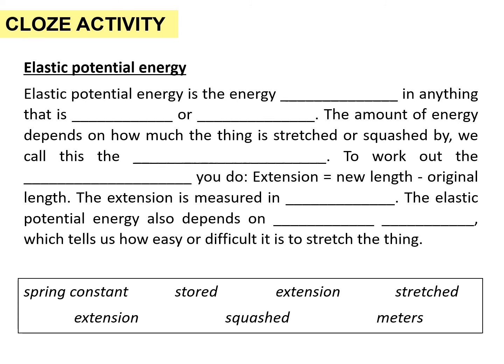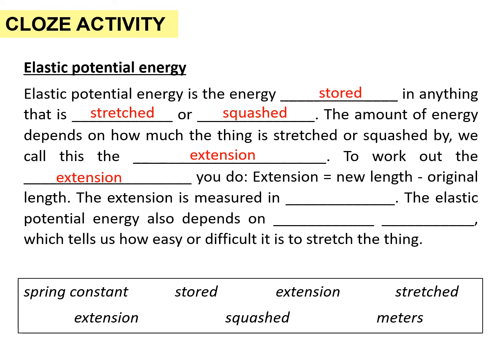Right, let's see if we can put the missing words in. This is very straightforward. Elastic potential energy is the energy stored in anything that is stretched or squashed. Better to use compressed. The amount of energy depends on how much the thing is stretched or squashed by. We call this the extension.